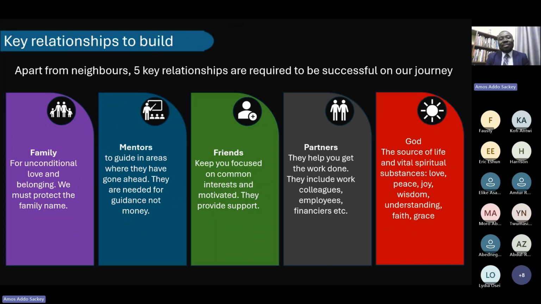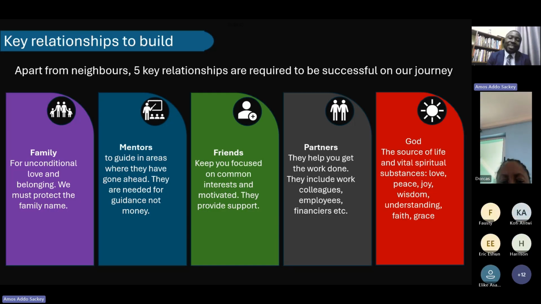But the first kind of relationship that all of us need to pay attention to is family. Our parents, our close relatives, the families that we come from, and the families that we are going to build. They are very key. God gave us families for unconditional love. Everybody needs that.